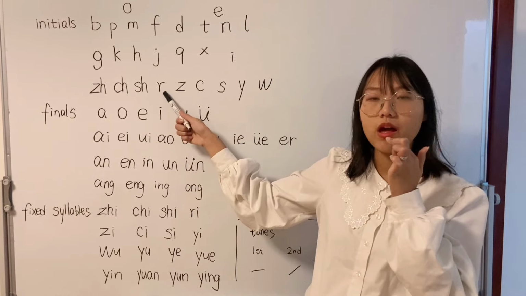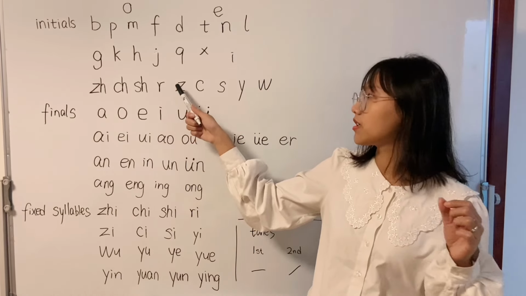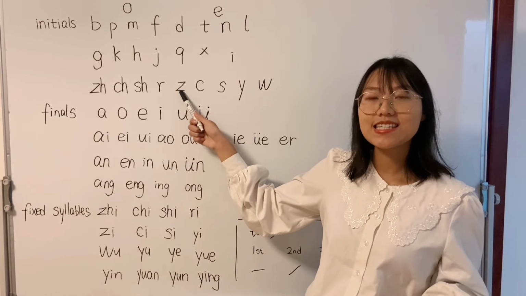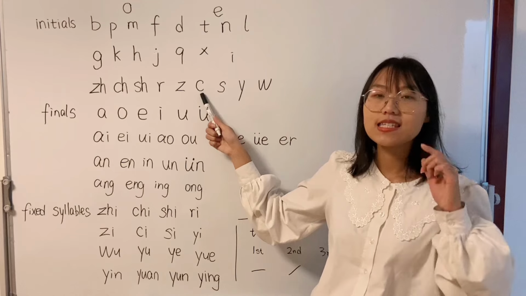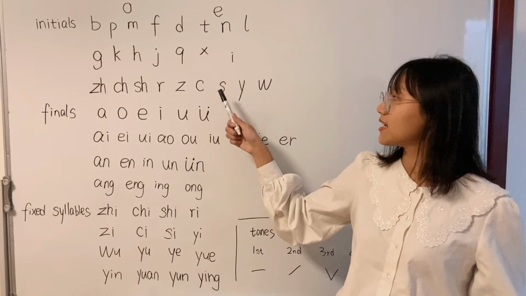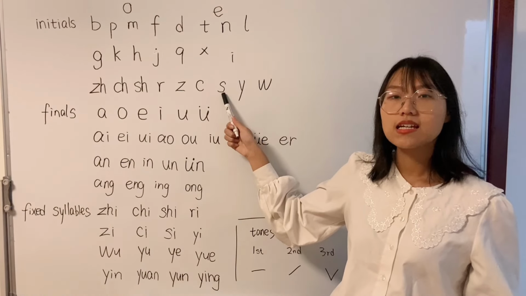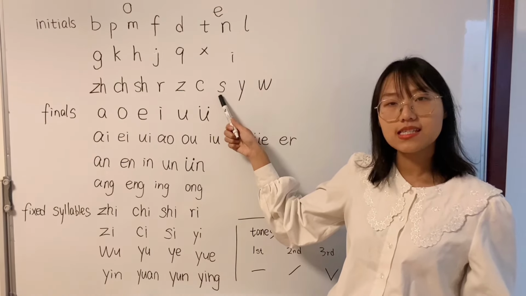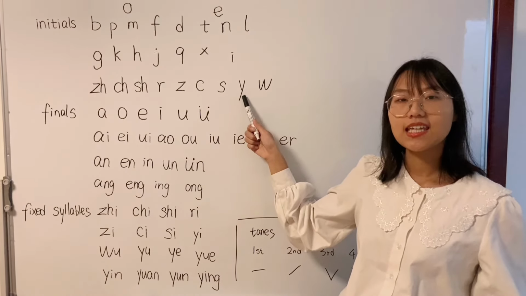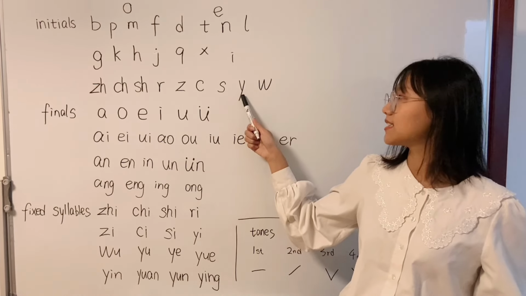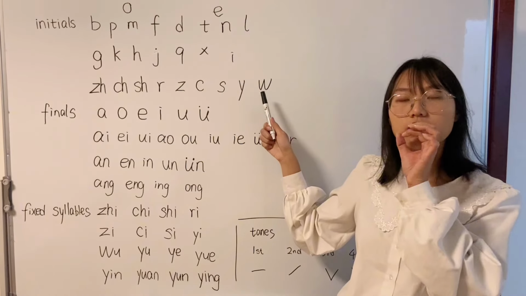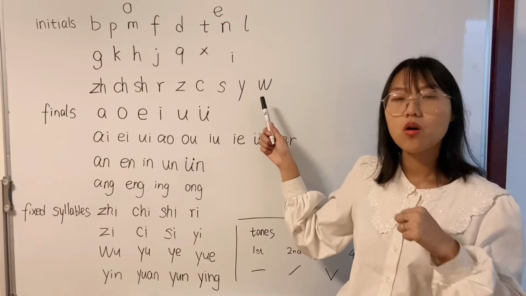We circle our mouths to say 日. zi, kind of smile, zi, zi, ci, ci, si. It's like a snake. Si. This one is yi, yi. U, we circle our mouths a bit small.